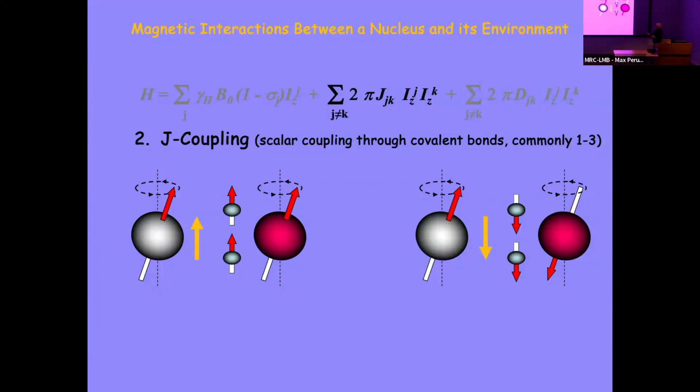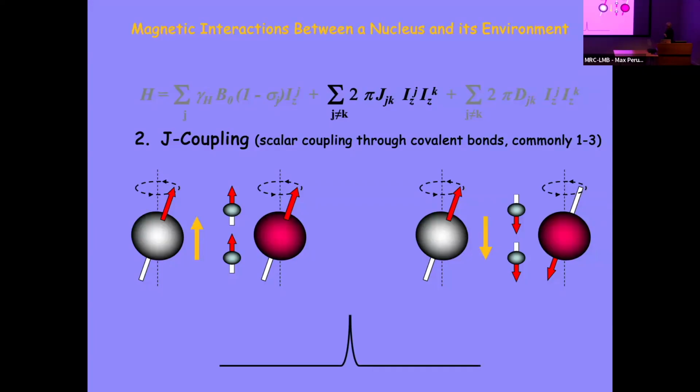This spin experiences two different environments that are dependent upon the orientation of a neighboring spin, which is what we refer to as coupling. Coupling simply means the state of this system is dependent upon the state of a neighboring system. It's this local magnetic field coming from paired, oriented electrons in the covalent bonds, and they give us some ability to connect between adjacent spins that are covalently bonded.